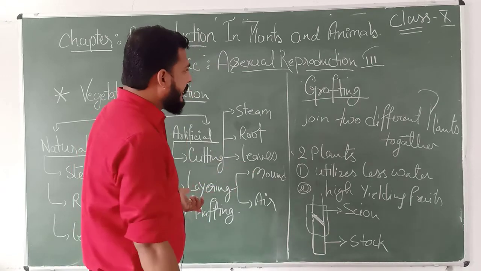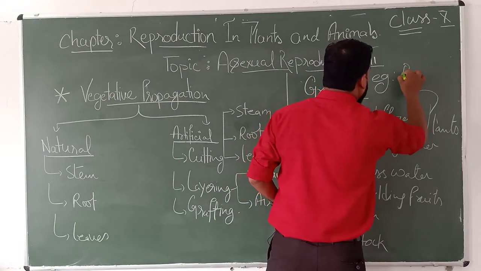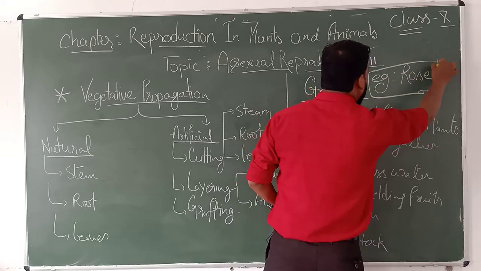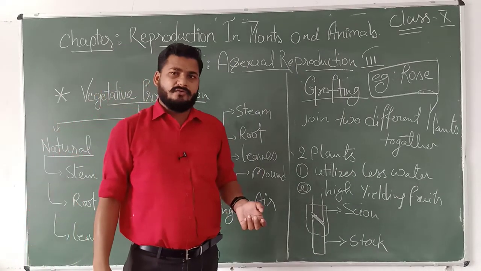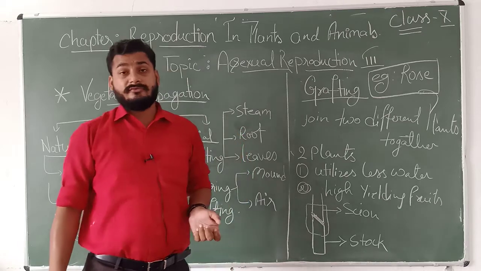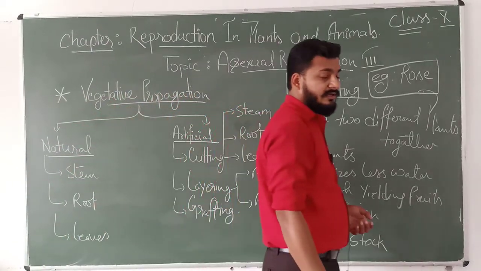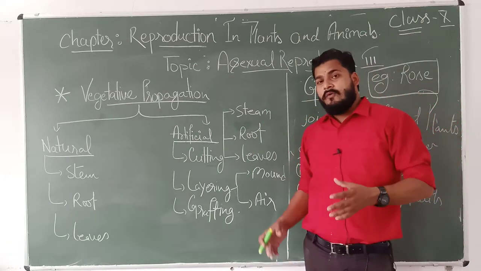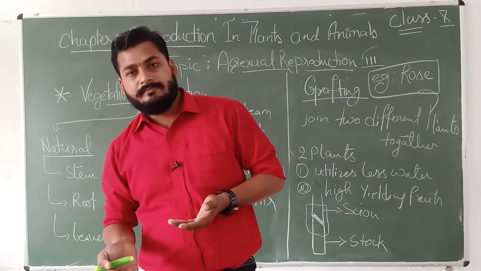A very good example of grafting can be seen in rose. Gardeners are using grafting as a very good technique for developing new varieties of plants. You might get to see with some gardeners one rose plant bearing more than one color of flower.